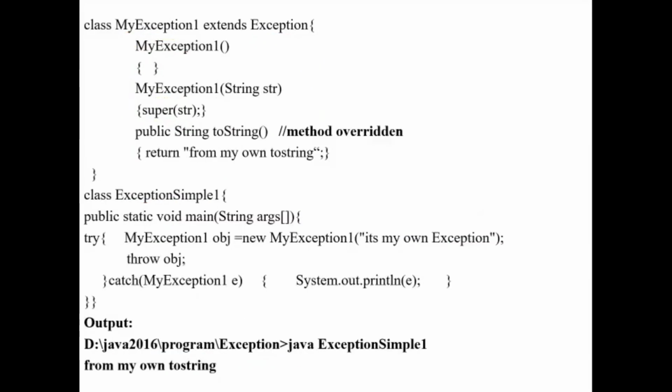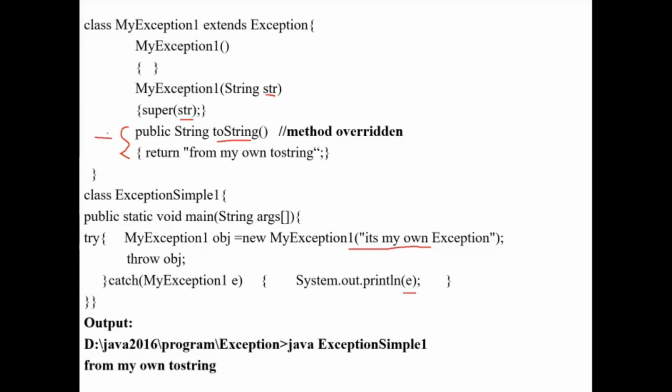And then next, here I have overridden the method toString. When I create the object, I pass "It's my own exception", so the base class string is initialized with it. But when I print this object e, instead of calling the base class toString method, this overridden method is invoked.